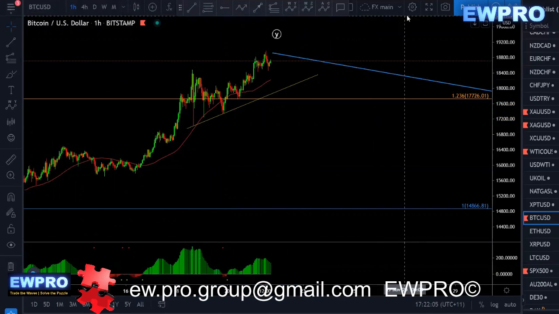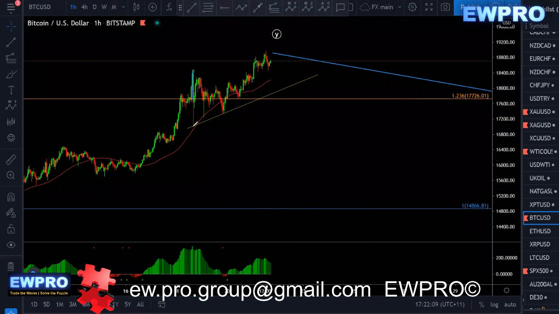And again, this was sharp, so this can be an A, B, C. So if you do get that trend line break, you have to make sure that you get the bearish setup before you take it, because it can just be an A, B, C, and then more upside. But A, B, C, finish off that wave Y.